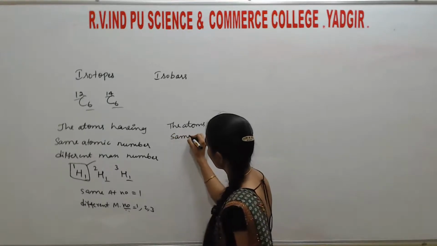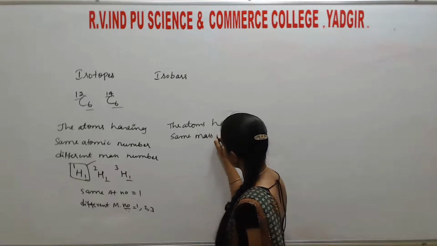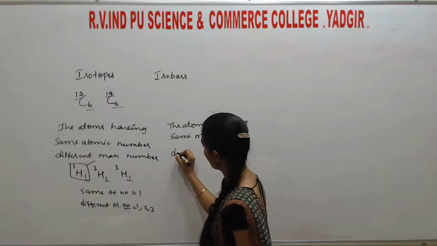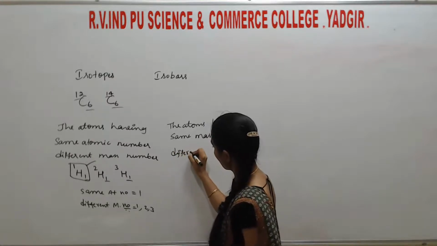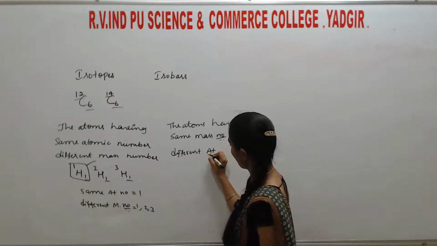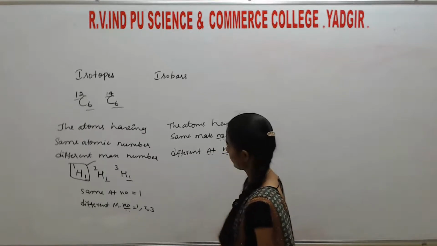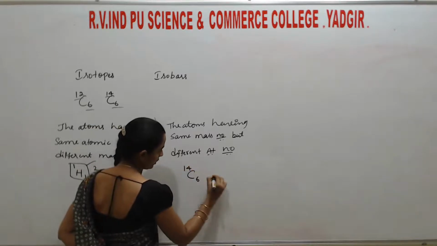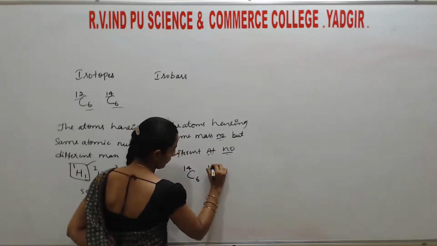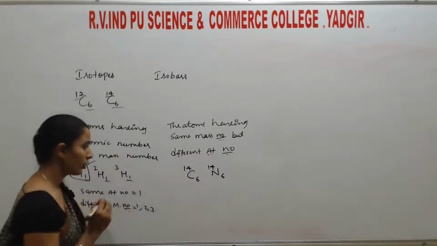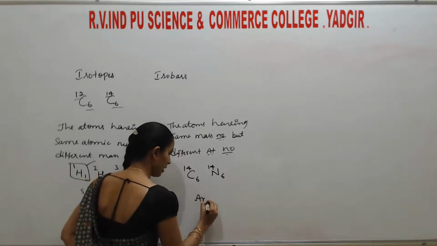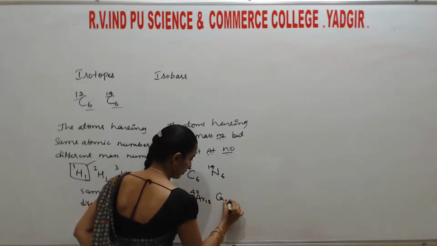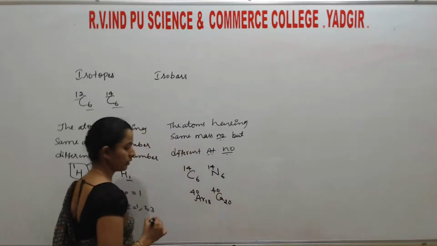the same mass number, that is atomic mass, but different atomic number. An example for this, students, is carbon 6, 14 and nitrogen 7, 14. Okay, similarly, argon 18, 40 and calcium 20, 40.